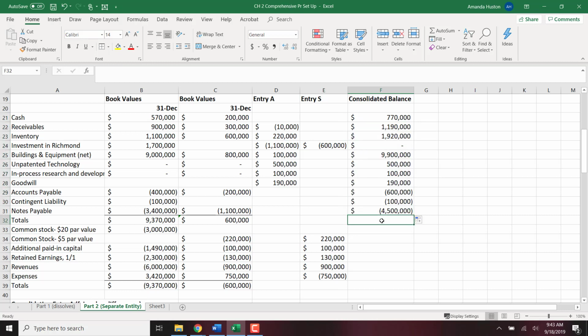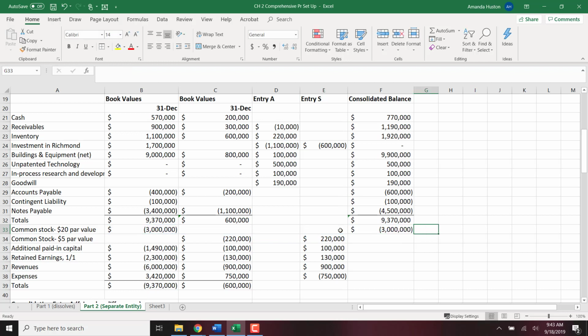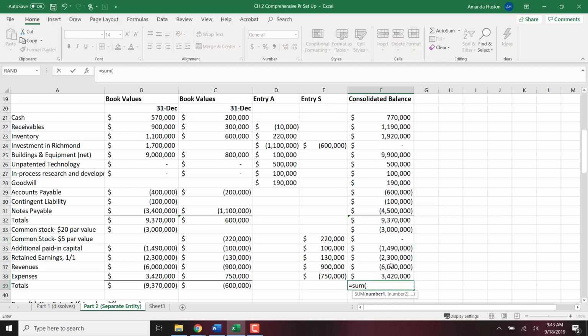And then I'm going to do an auto sum of that. And then I'm going to add across again. And then I'm going to sum this all up. And it should equate.